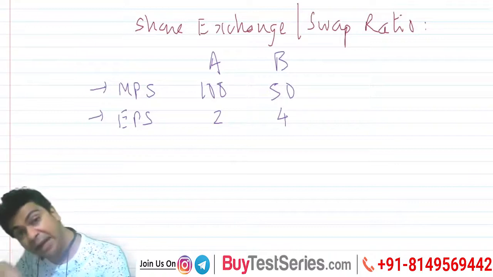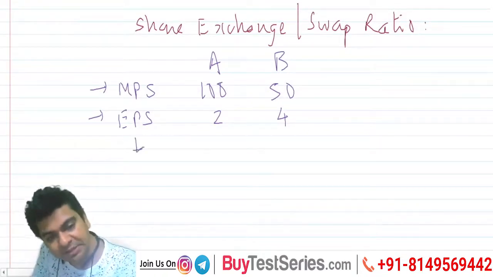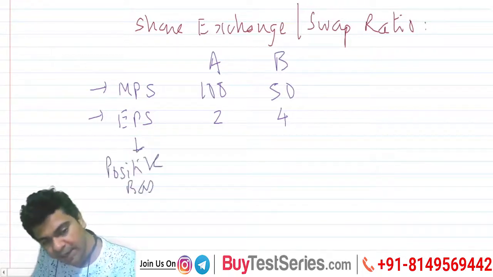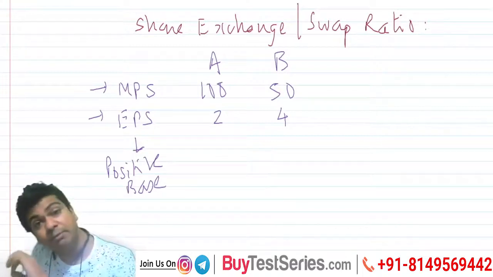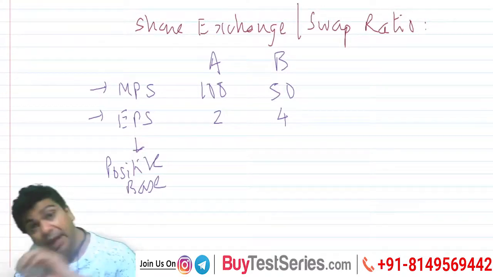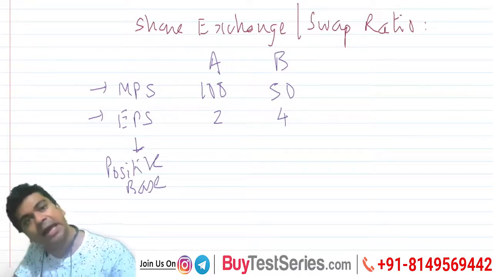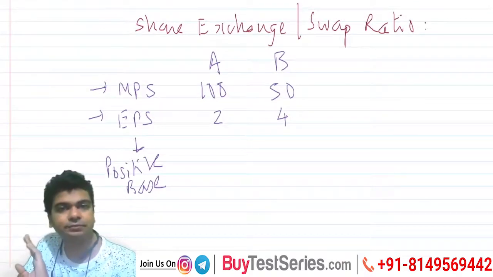See, market price per share and earnings per share will be considered what is popularly known as a positive base. I will call them positive base. What do we mean by a positive base? Any base that is desired to be as high as possible will be considered a positive base.